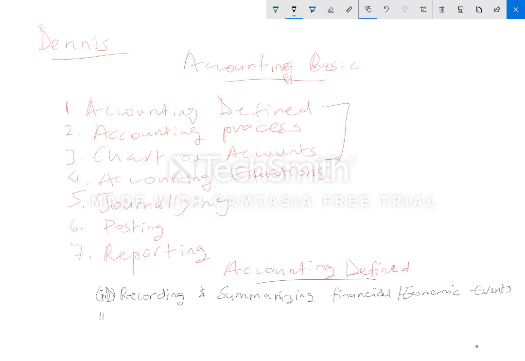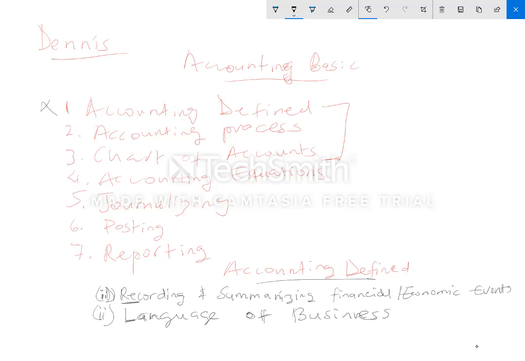This is one, this is two, and it's the language of business. So recording and summarizing financial or economic events, and it's also a language of business. Business only understands accounting. Okay, so this one is gone.